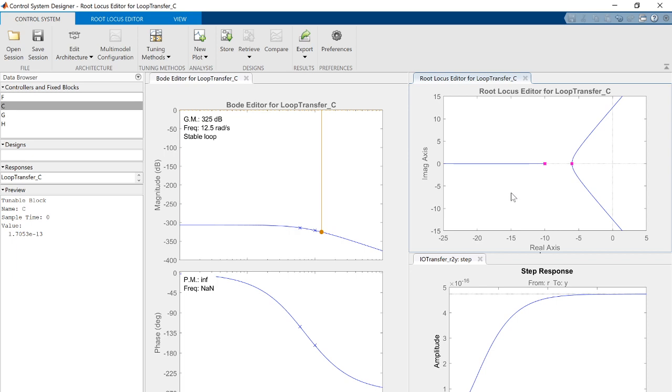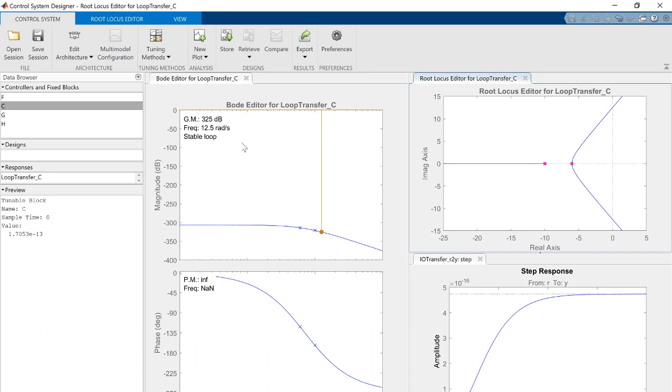Here we see our closed loop poles from our root locus. We see they're in the left half plane, and our step response indicates that we've got a nice stable system response here.